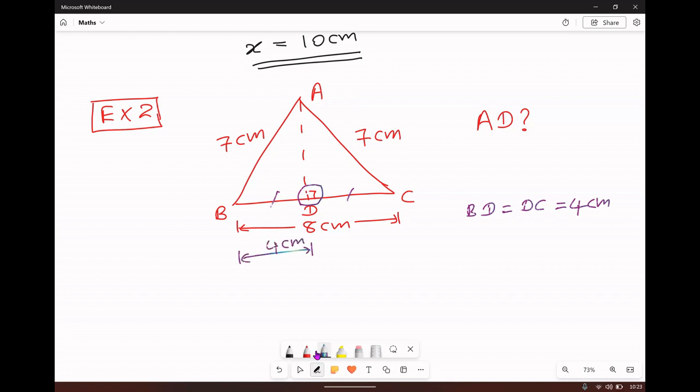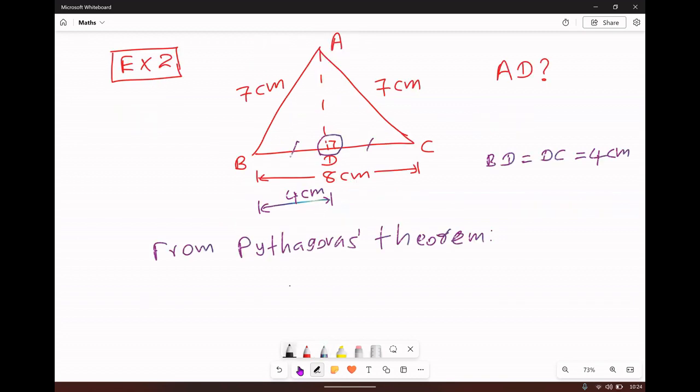Here, I'm going to apply the Pythagoras theorem. From Pythagoras theorem, we can write that AB squared, which is the hypotenuse of the ABD right angle triangle, is equal to BD squared plus AD squared.